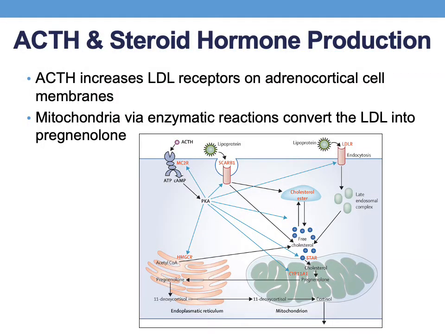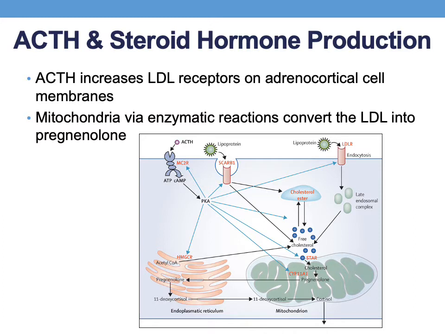Adrenal corticotropic hormone and steroid hormone production. ACTH increases LDL receptors on the adrenal cortex cell membranes. That's an important feature because you can't make the hormones without cholesterol, and 80% of the cholesterol comes from circulation and blood.